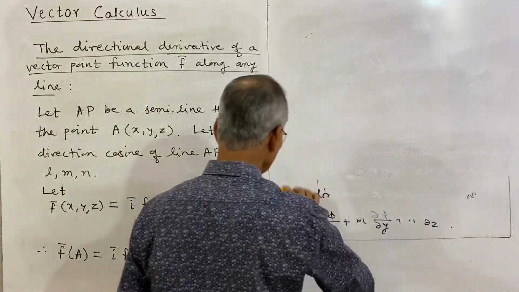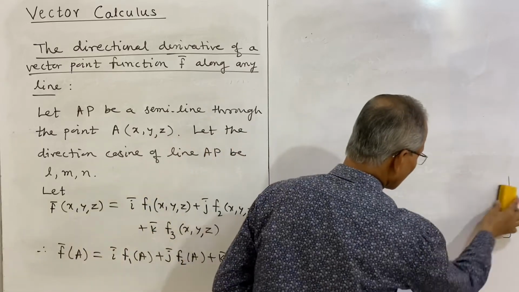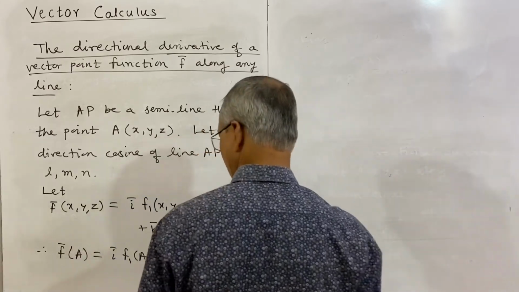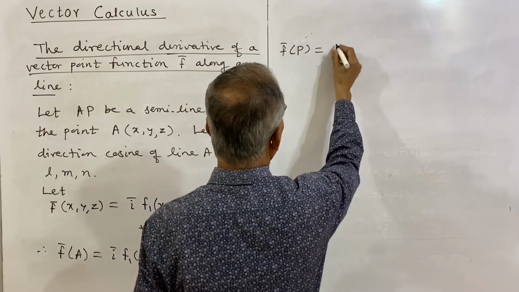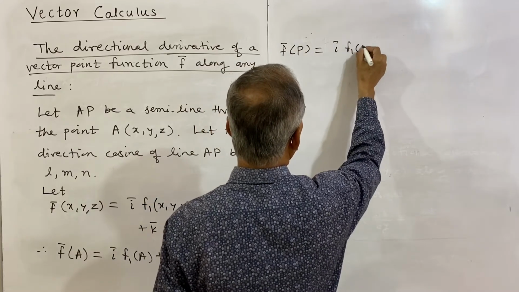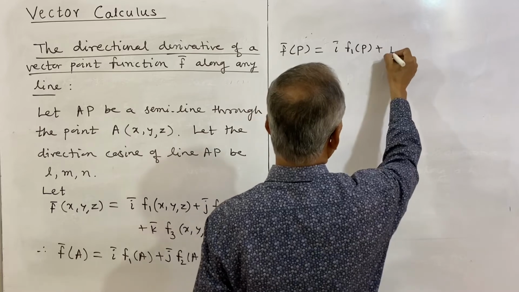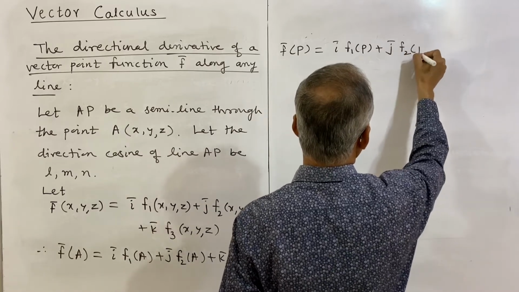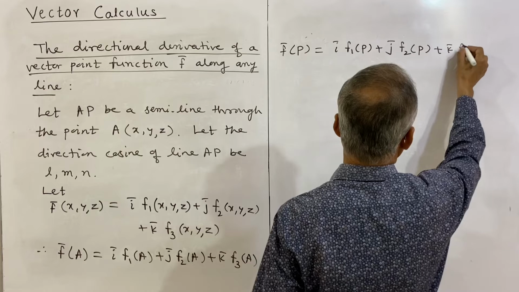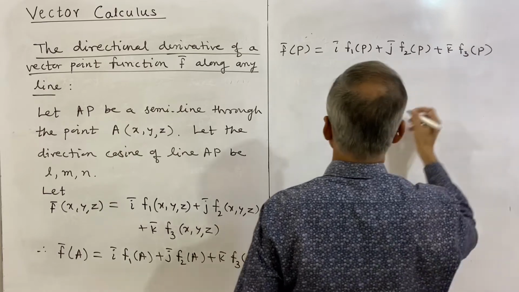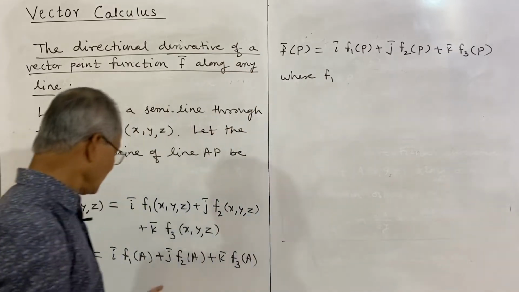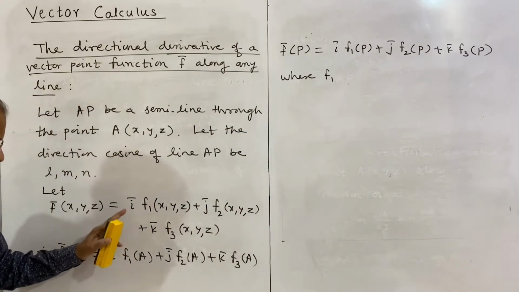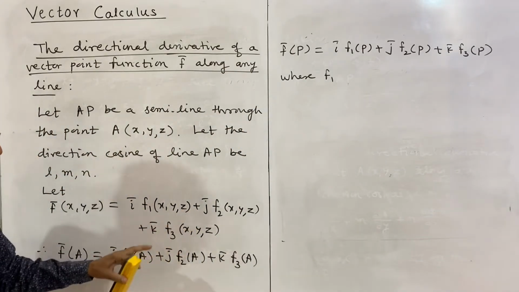And similarly, what will be f bar of P? F bar of P will be i f1 at P plus j f2 at P plus k f3 at P, where f1, f2, f3 are scalars, and only the vectors will be i, j, k.